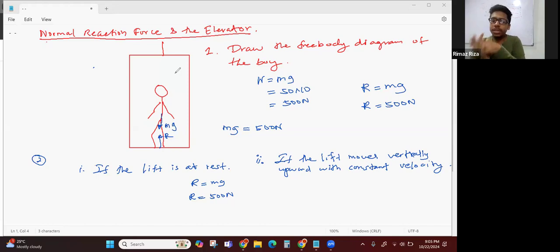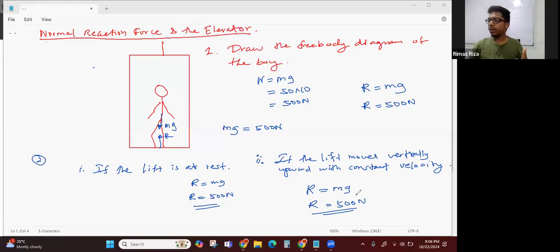Likewise, if an object is moving at constant velocity, there is no unbalanced force, so all the forces are balanced. Therefore, again R equals mg, so R equals 500 Newton. So if the lift is at rest, the normal reaction force is equal to the weight of the boy, and if the lift is moving at constant velocity, the normal reaction force is also equal to the weight of the boy. Is that clear?